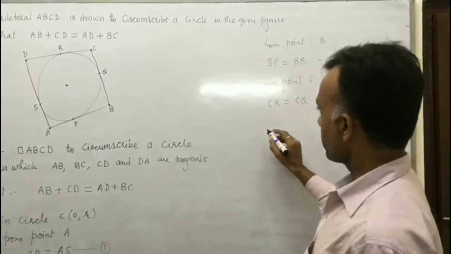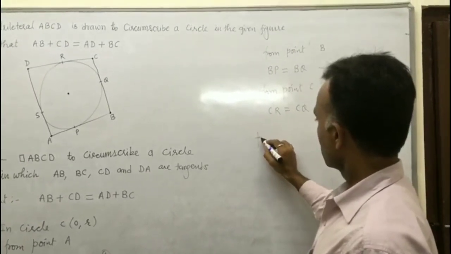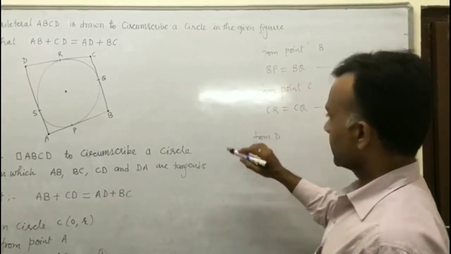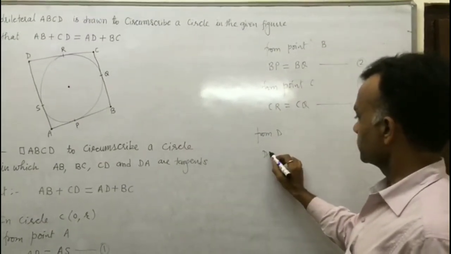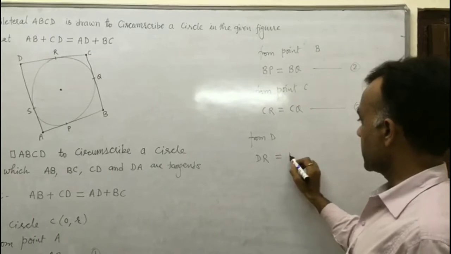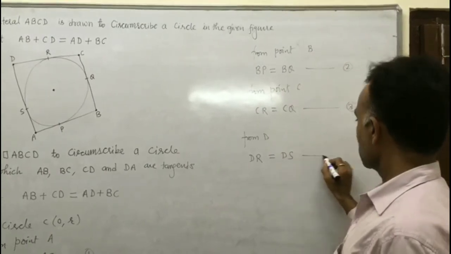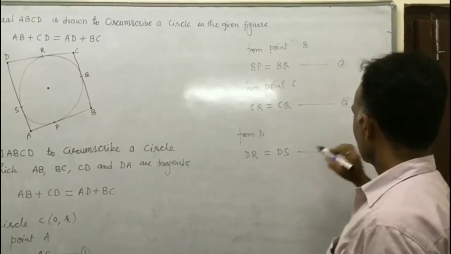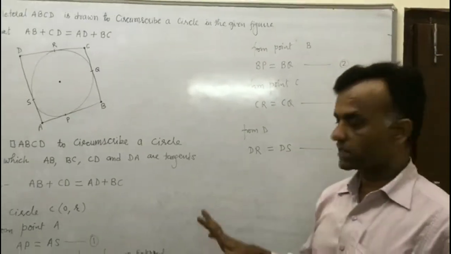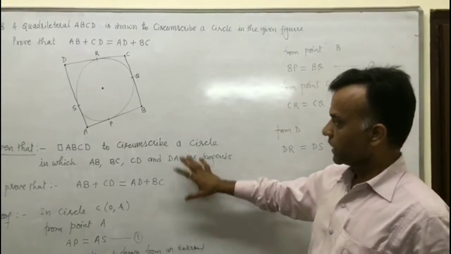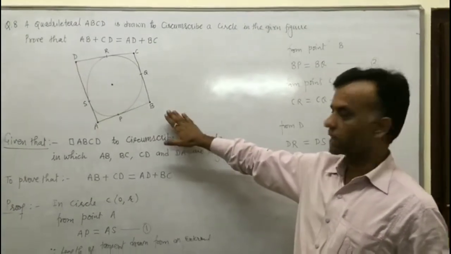Similarly, from D the condition is the same: DR equal to DS. This is equation 4. These four equations 1, 2, 3 and 4 are all related to the concept of tangents, and all are from external points.